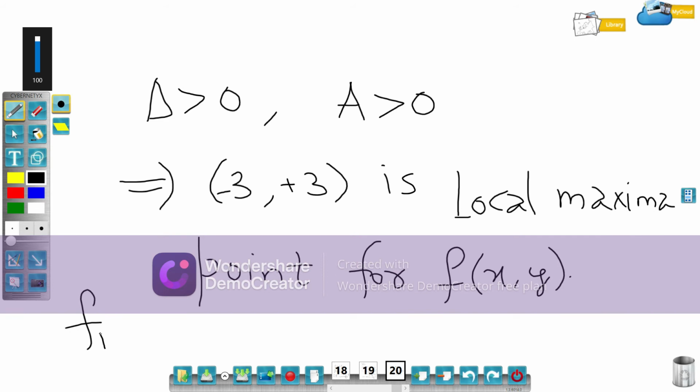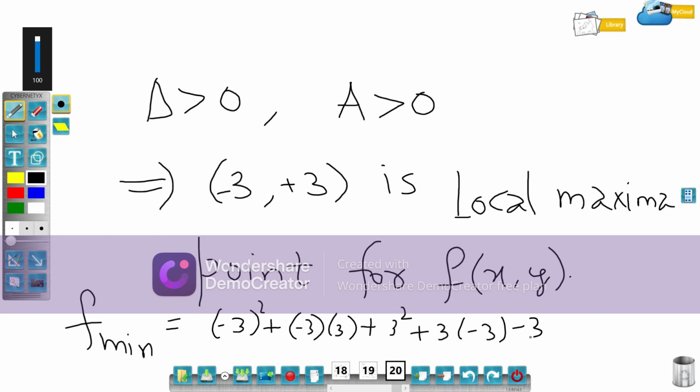And what is the f minimum value? You have to replace in f, x square, which is minus 3 square, plus xy, so minus 3 times y, that is 3, plus y square, that is 3 square, plus 3 times x, so minus 3, minus 3 times y, it is 3, plus 4.